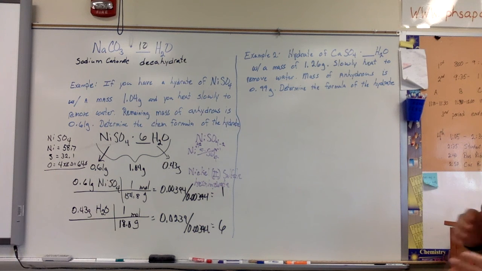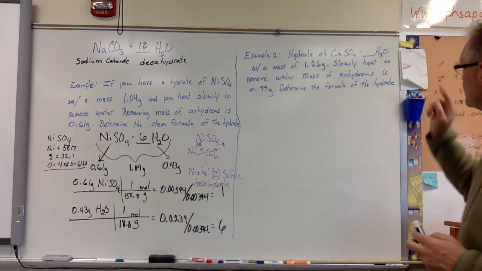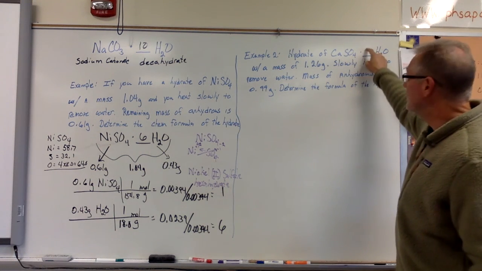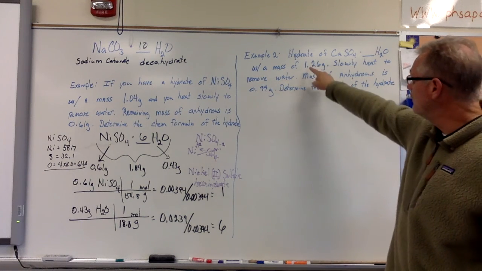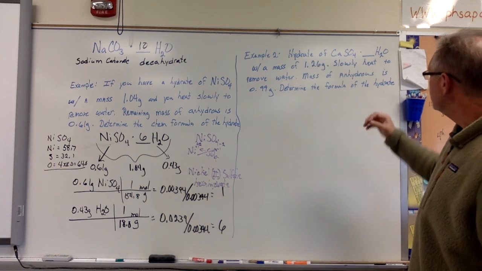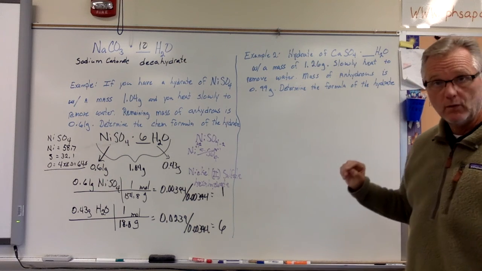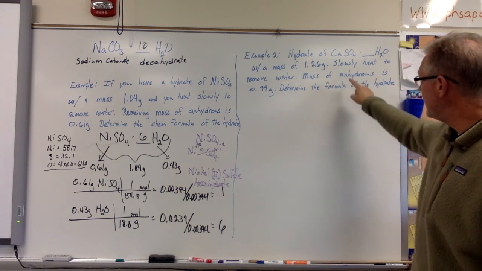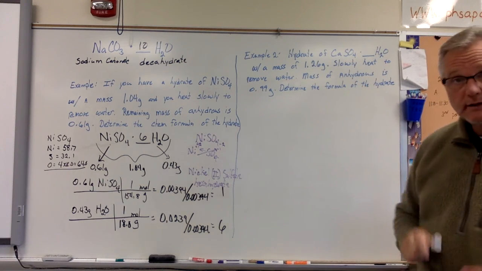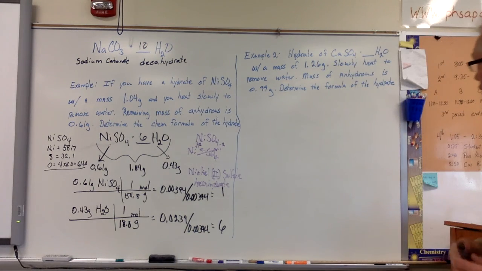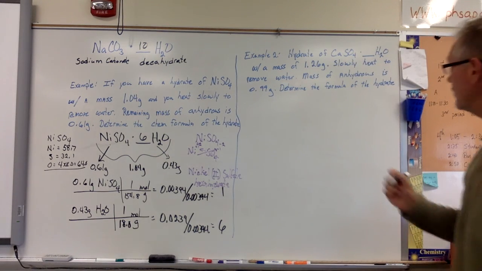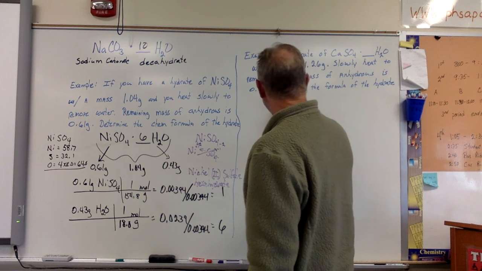It says a hydrate of calcium sulfate, and I don't know the formula for it, with a mass of 1.26 grams. Slowly heat to remove the water. Then it says the mass of the anhydrous is going to be 0.99 grams. Determine the overall formula.